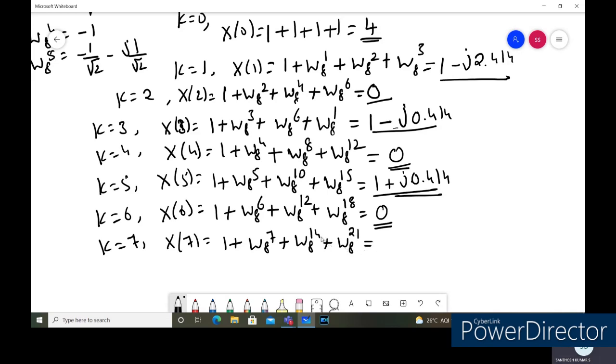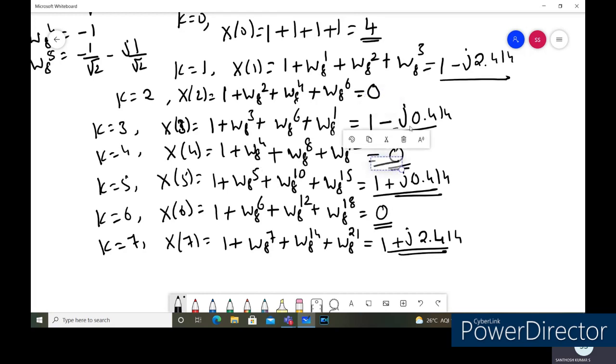Omega to the power of 14 is nothing but omega to the power of 6, and omega to the power of 21 is nothing but omega to the power of 8 minus 21, so 13, again subtracting here, 8 minus 13 will be 5. So by substituting the twiddle factor values, it will become 1 plus j into 2.414. So these are the values of x of k we got here.